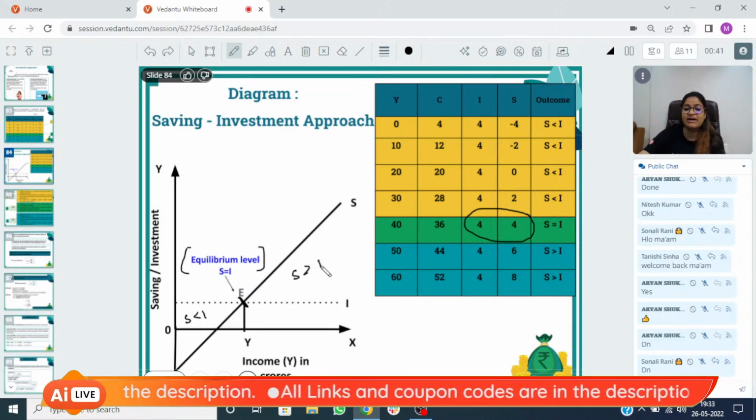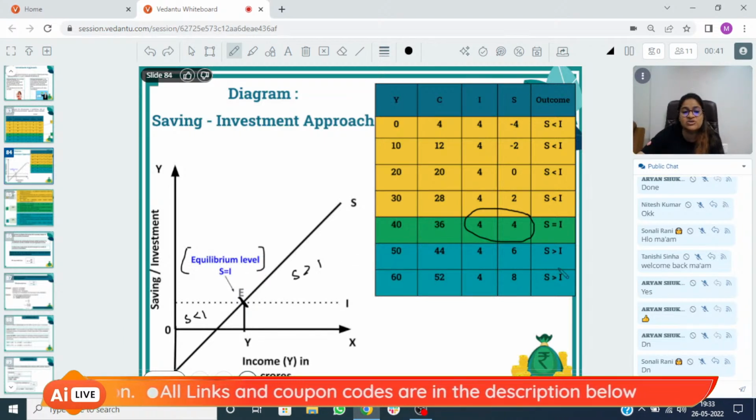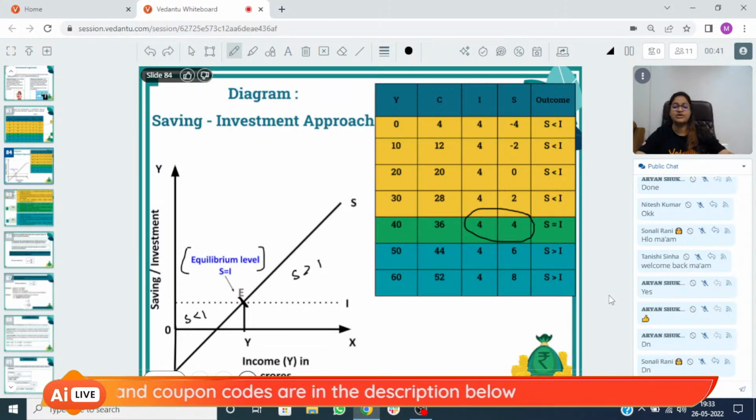Chalo everybody, again 3 minutes. Please draw the diagram quickly.